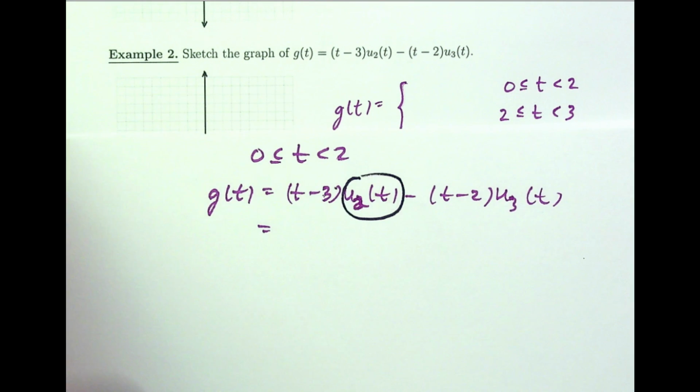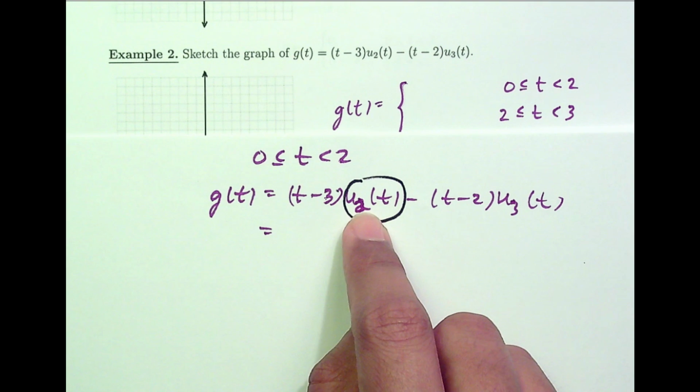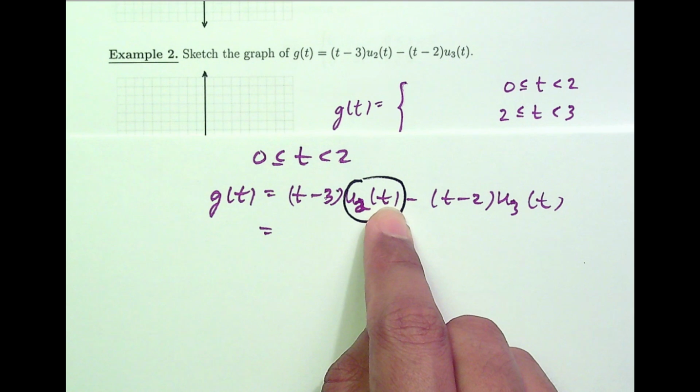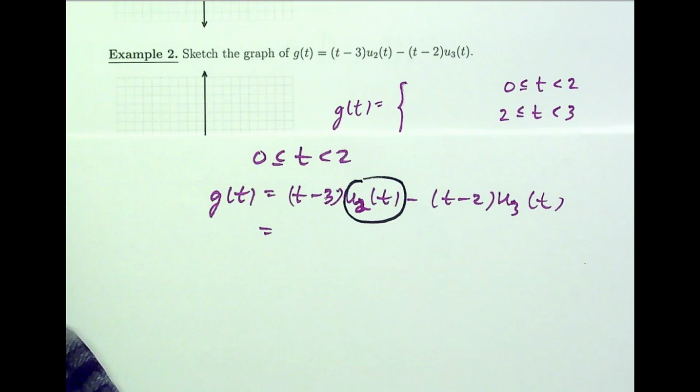Because if t is smaller than 2, then this is off. This function turns on at 2. So if I'm plugging in a number that is smaller than 2, this whole piece is 0. That whole piece is 0.